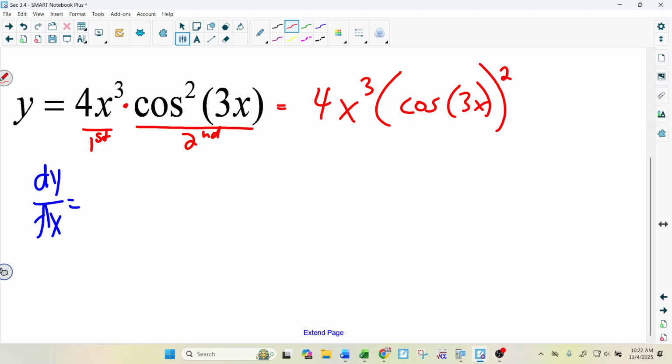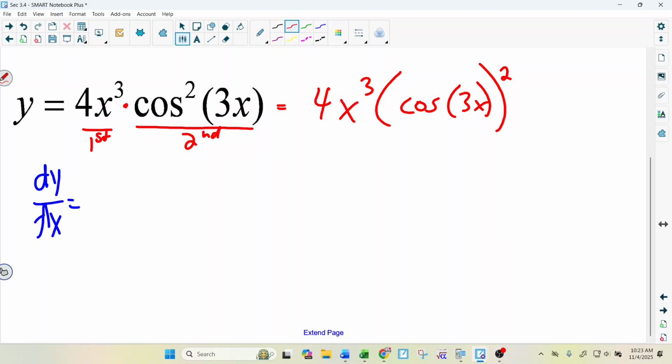Writing it like that helps you to see it. When you have one function inside of another function, that's chain rule. When you have one thing times another thing, that's product rule. So we want to differentiate when it is product rule, something times something, and when it is chain rule, something inside of something else. When functions are layered, that's chain rule.